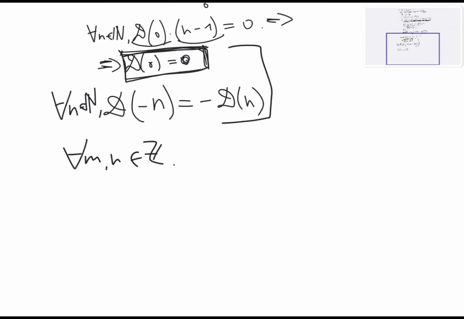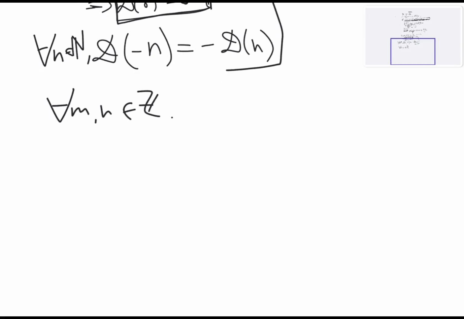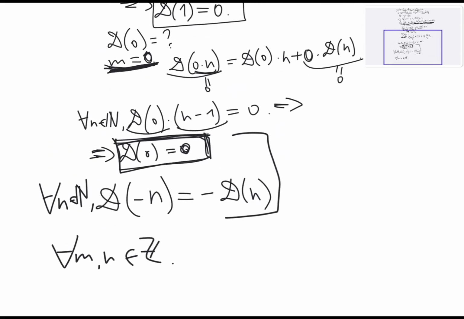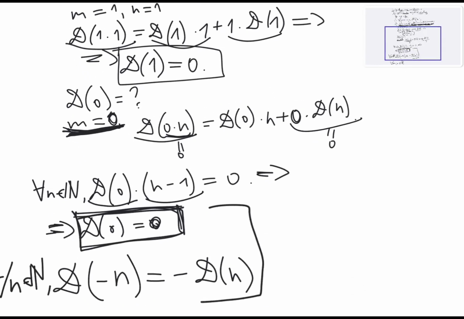We need to consider several cases: when one of them is 0, when both of them are 0, when one of them is negative and the other is positive, and when both of them are negative. So there are several cases to consider. When one of them is 0, we would get this, right?